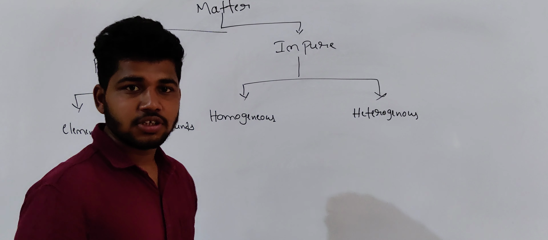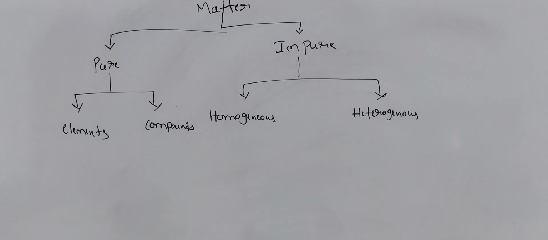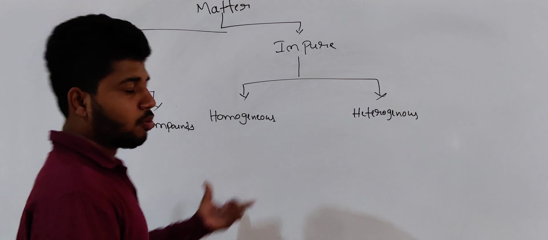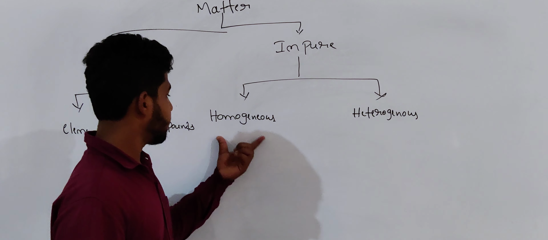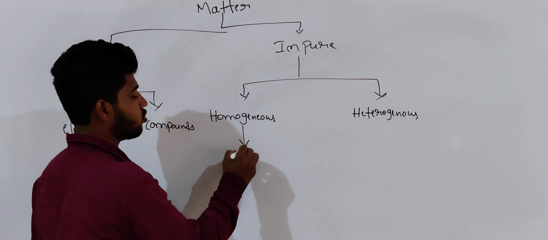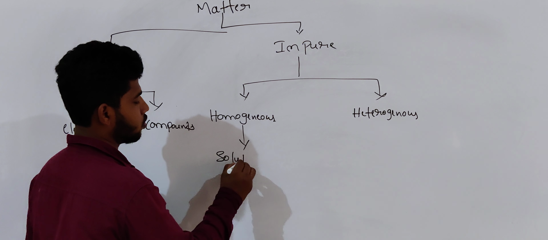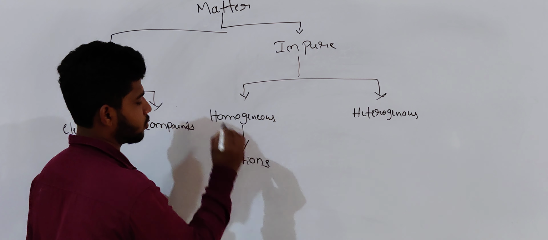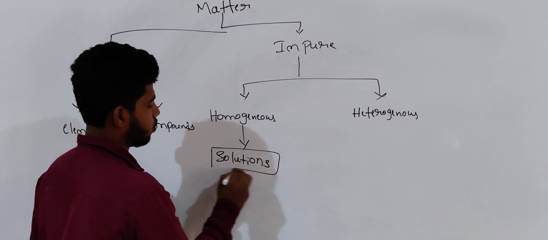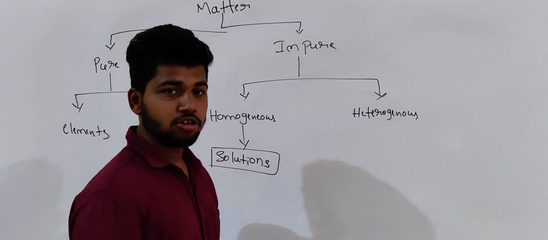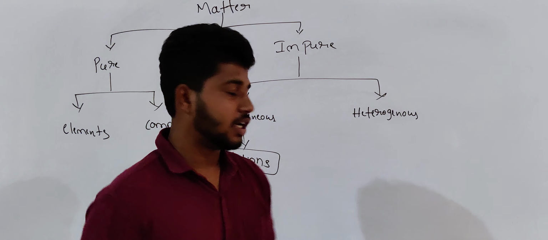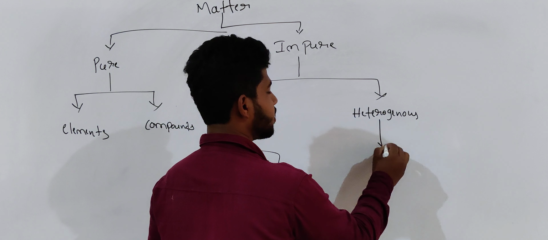And the homogeneous mixture is divided into one type, that is the solutions. The heterogeneous mixture is divided into two parts, that is the suspensions and the colloids.